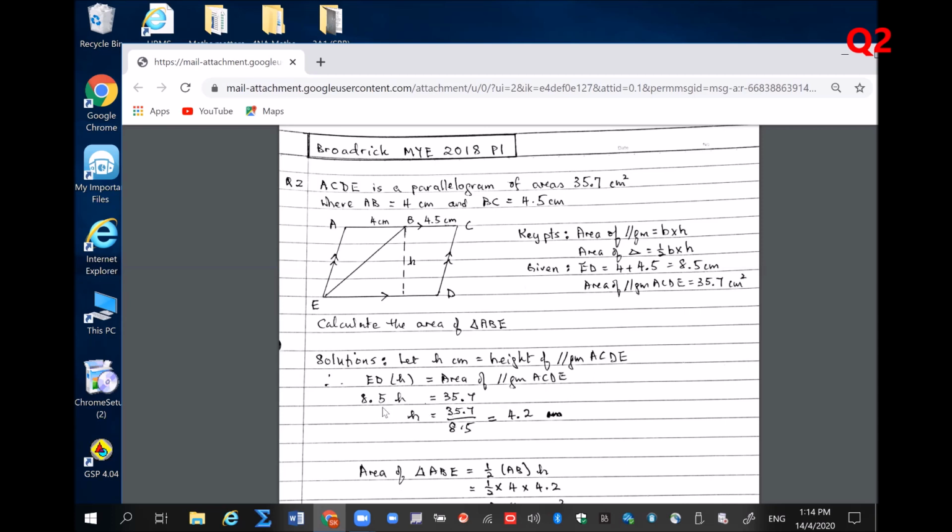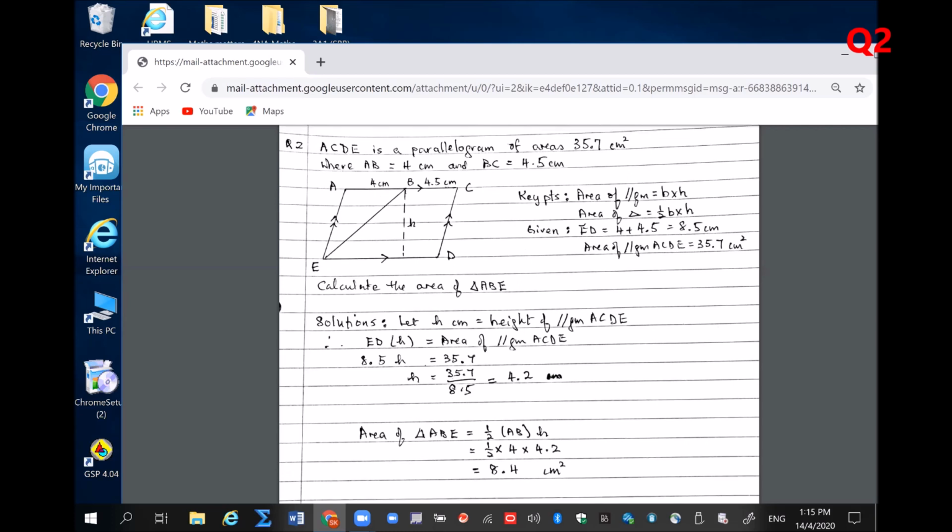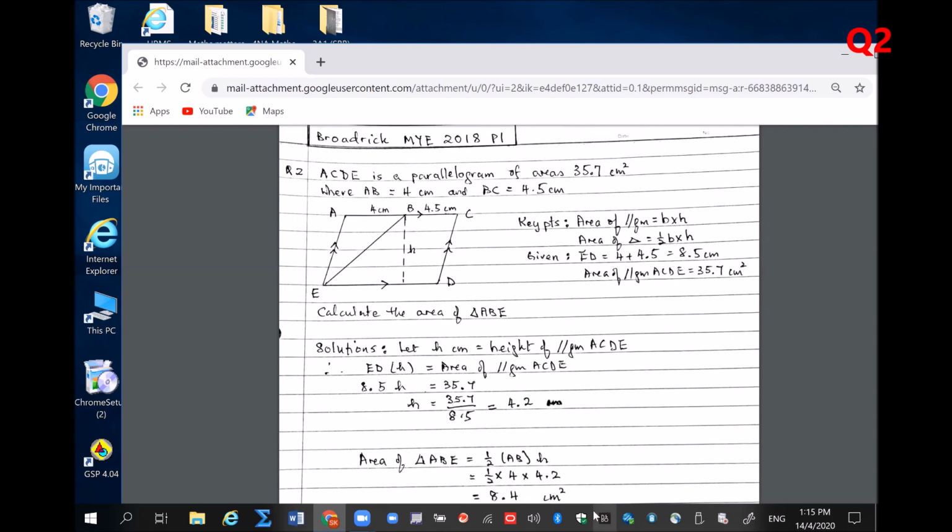Hence, 8.5H equals 35.7. So the height equals 4.2 cm. Area of triangle is half base times height. Hence, half times the base AB, which is 4, times the height, 4.2. So this equals 8.4 centimeters squared.